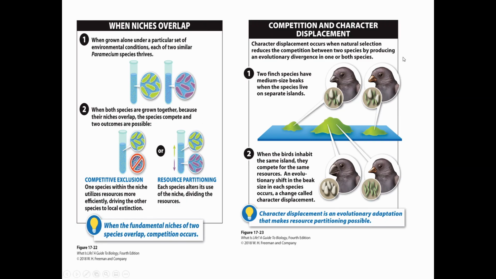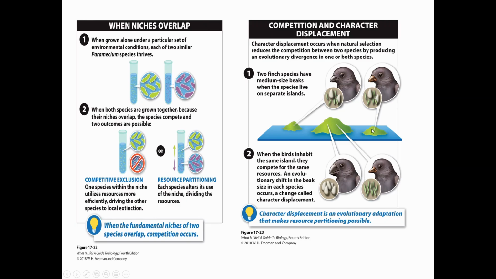In the competition and character displacement, like I mentioned with the seeds and the birds, there's a mixture of different types of seeds found on these islands, on all three. On this island, you have small and large seeds, small and large seeds, small and large seeds. And on this island, you only have one species of finches.